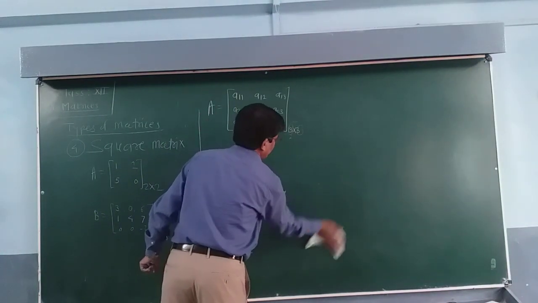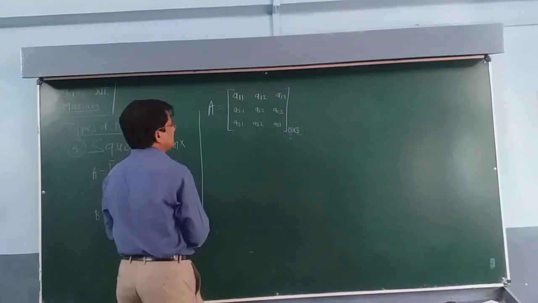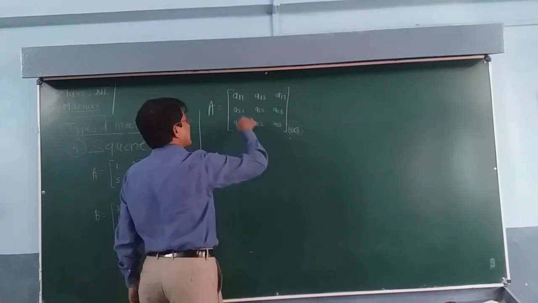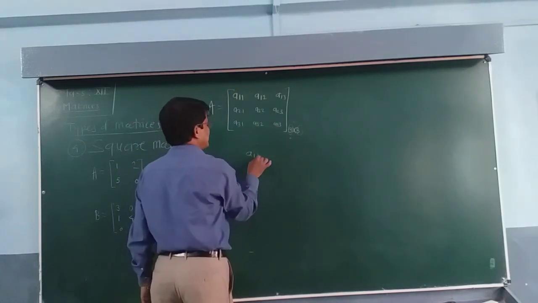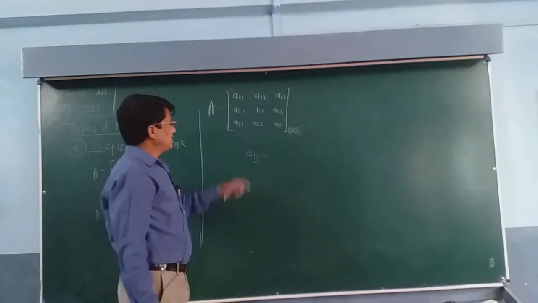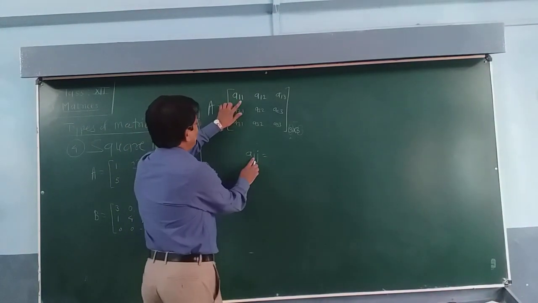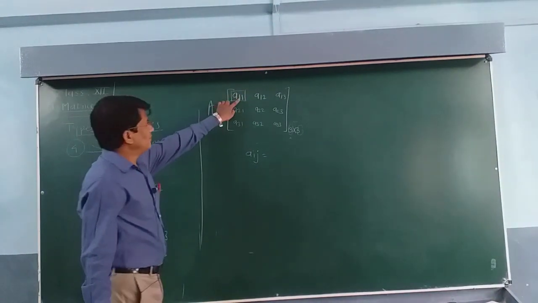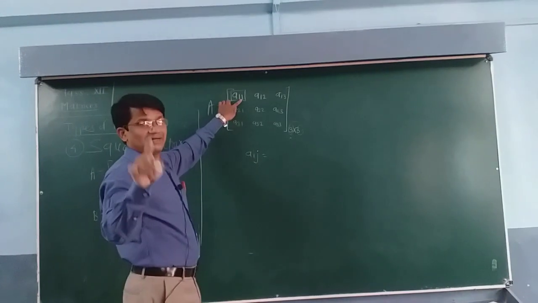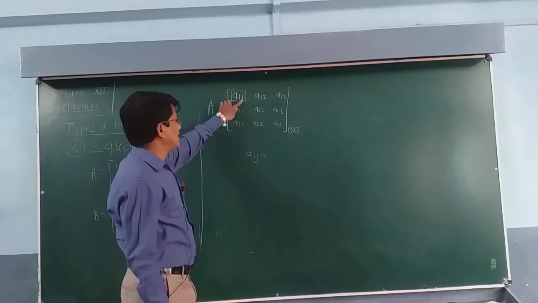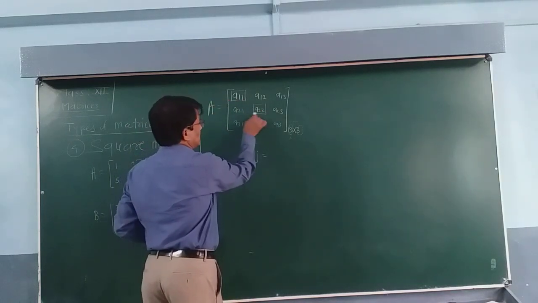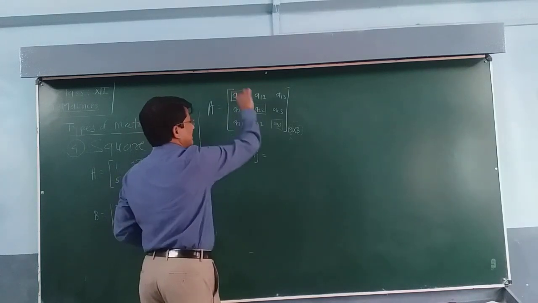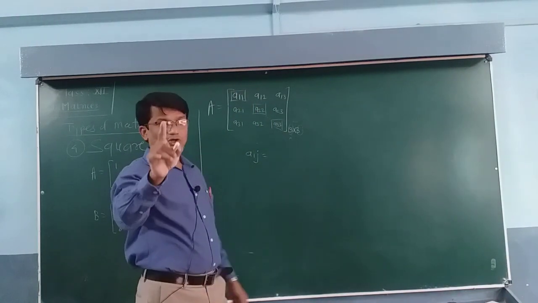Now in this square matrix, the elements are written as Aij. But what is i? Look at element A11. Don't say eleven; it is 1 1, which means first row, first column. Second row, second column. Third row, third column. Elements written like this are diagonal elements.